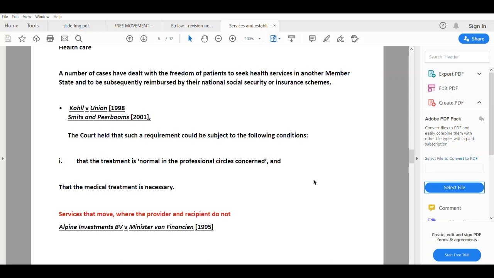The restriction was imposed by the home state of establishment, but restricted the freedom to offer services in another member state. Despite this, the court held that Alpine could plead Article 56 against its own home state in this situation, stating that the right freely to provide services may be relied on by an undertaking as against the state in which it is established if the services are provided for persons established in another member state.